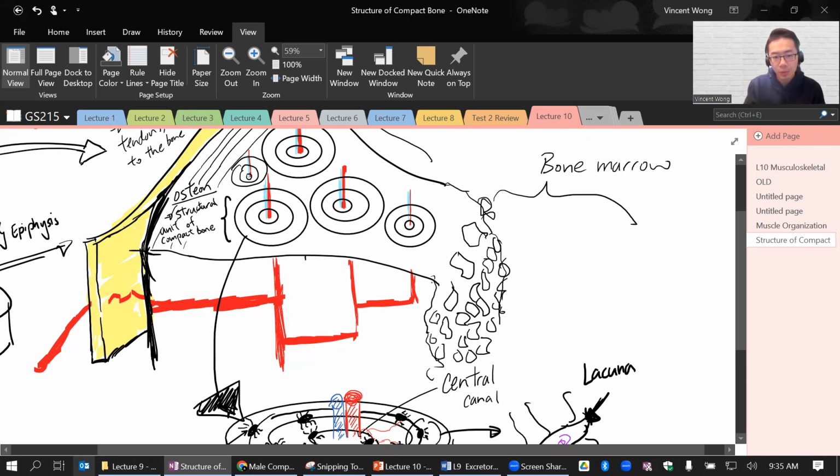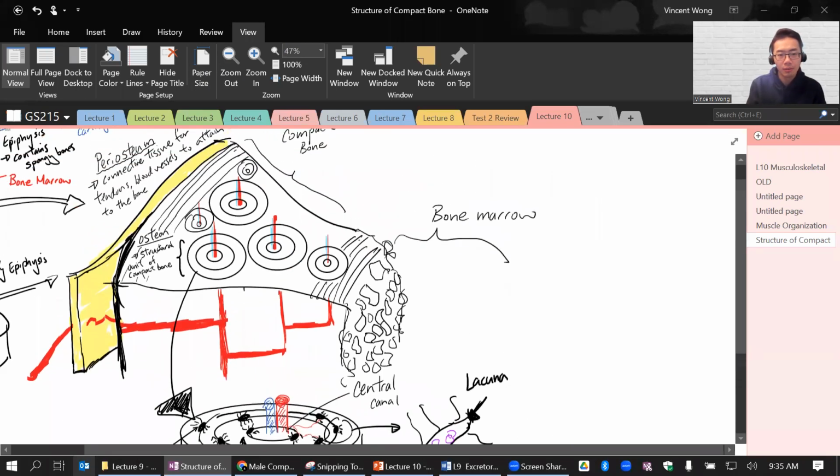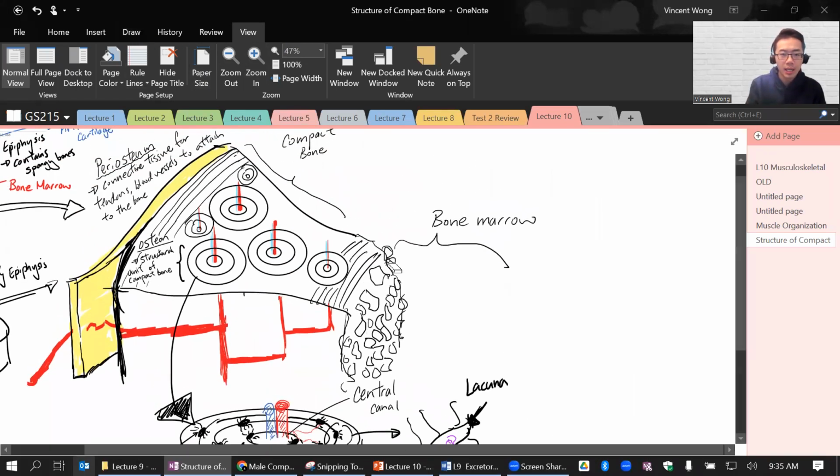Instead of having all this matrix, the actually hard lines, you will break down the osteons, and it will leave behind these holes, kind of like Swiss cheese, right? And then the calcium that is released from the absorption process will go back to the outside, and they will add a layer to it.